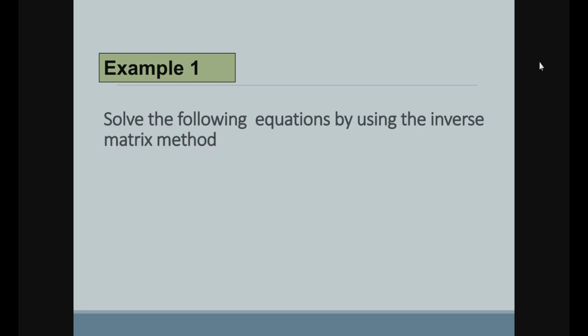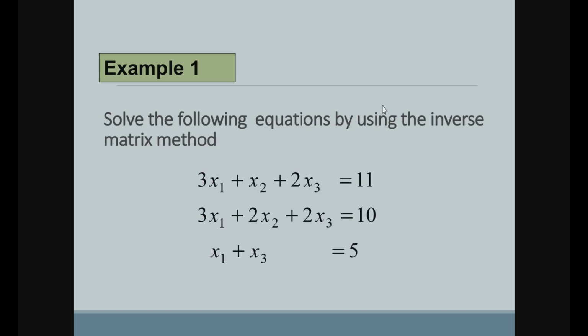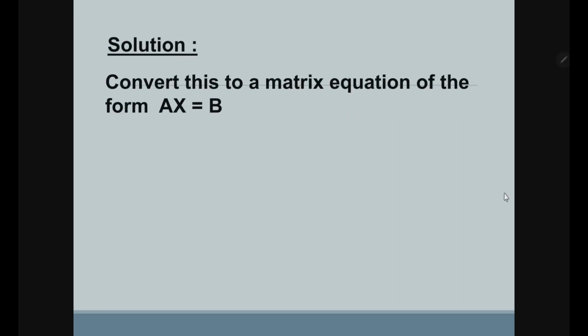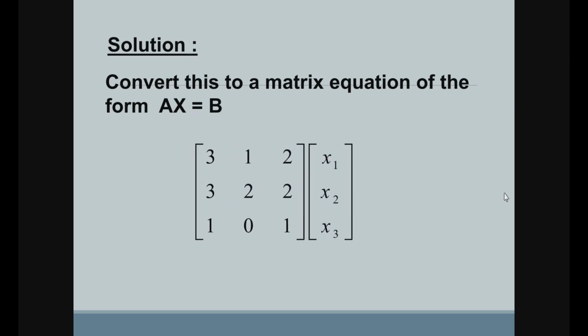Okay, we look at example 1. We solve the equations by using the inverse matrix method. 3x1 plus x2 plus 2x3 equal to 11. Okay, we need to solve this one. We convert to the form Ax equal to b.